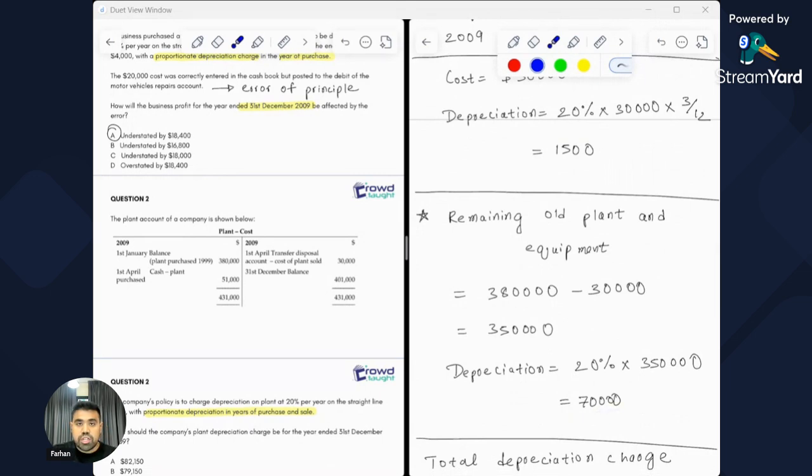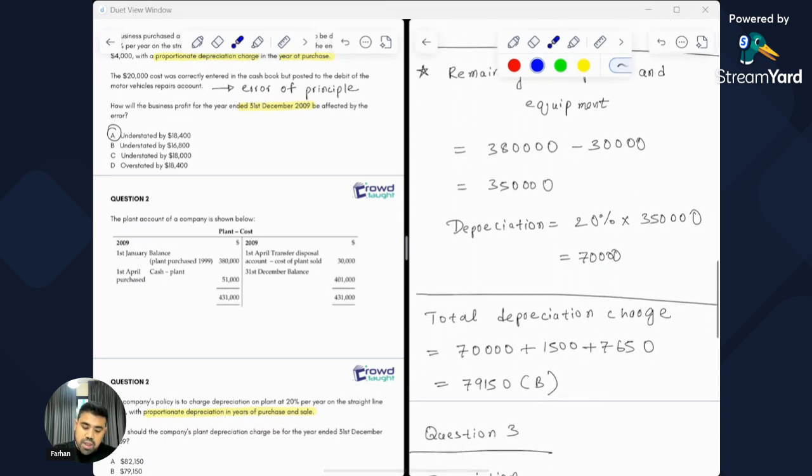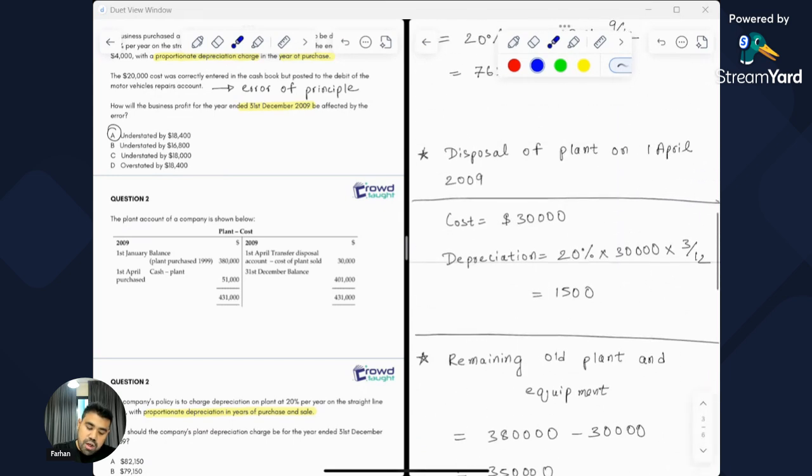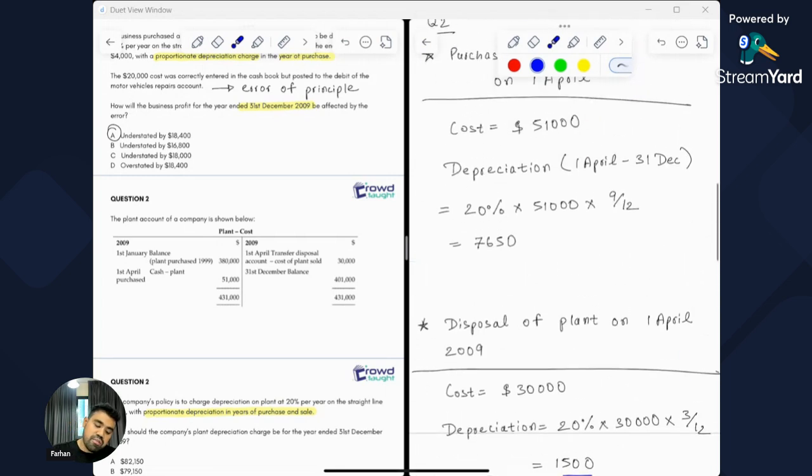So the total depreciation charge that we have got is therefore $70,000, which is for the remaining old plant and equipment, plus an additional $1,500, which is the depreciation for the 3 months of the plant that we have disposed during the year, plus an additional $7,650, which is a depreciation for the new plant that we have purchased on the 1st of April and have used it for 9 months.